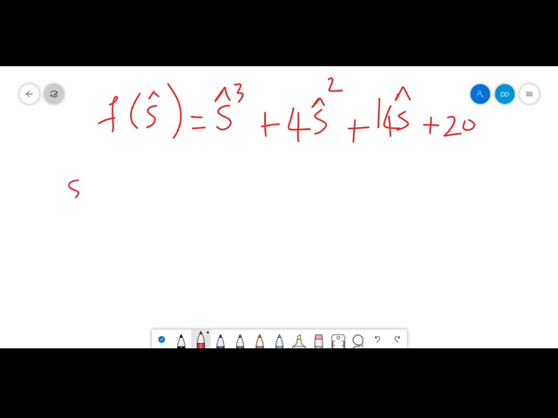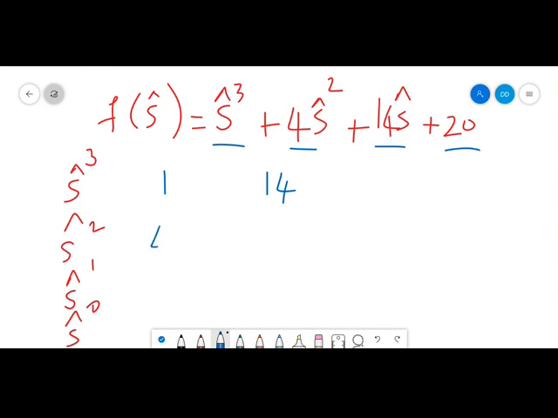Our highest power is 3, so S cap cube, S square, S to the power 1 and S to the power 0. Our coefficients are 1 and 14. The second row is 4 and 20. Both 4 and 20 we can divide by 4, wherein we get 1 and 5. So our second row elements are 1 and 5.